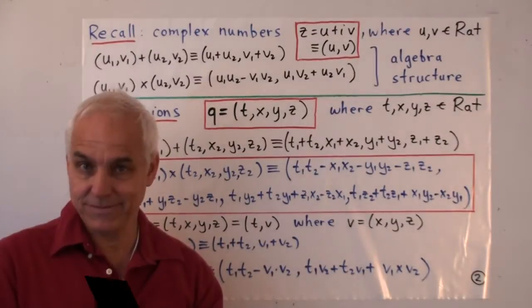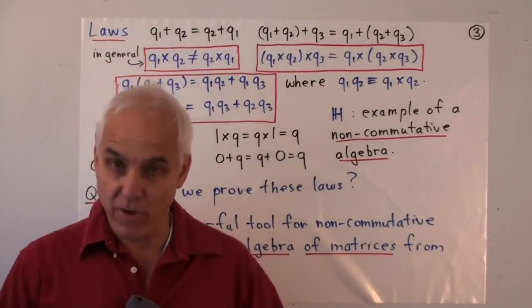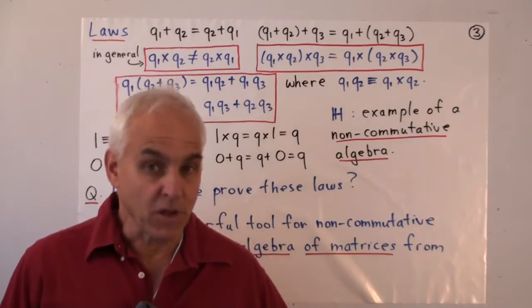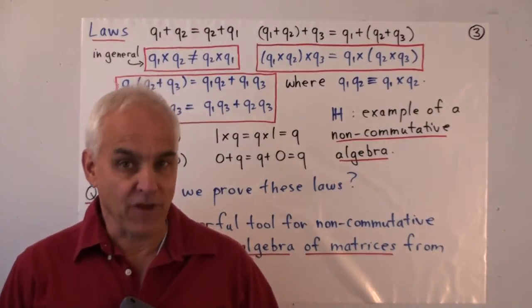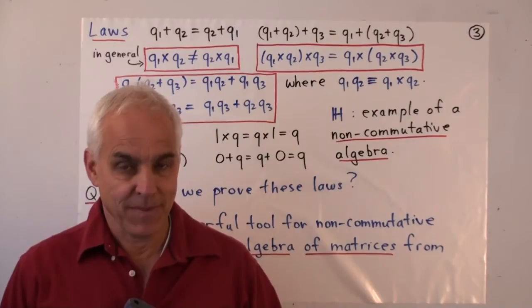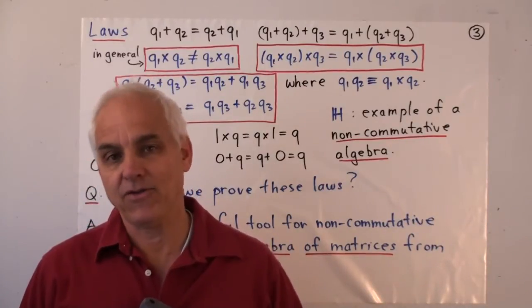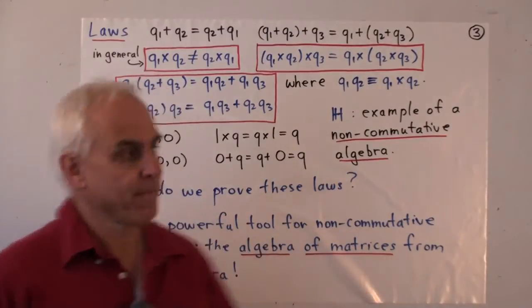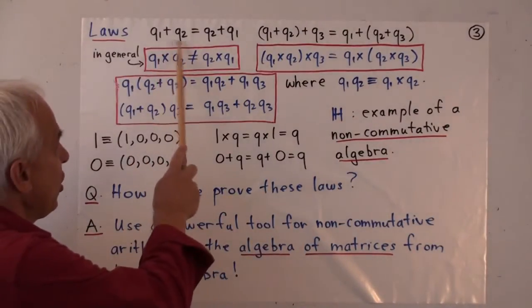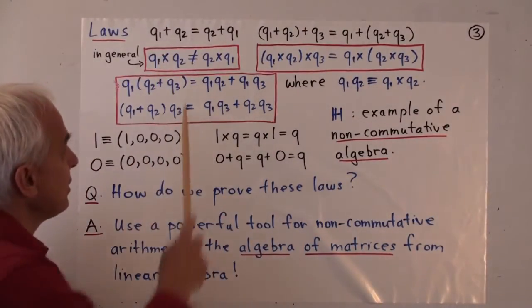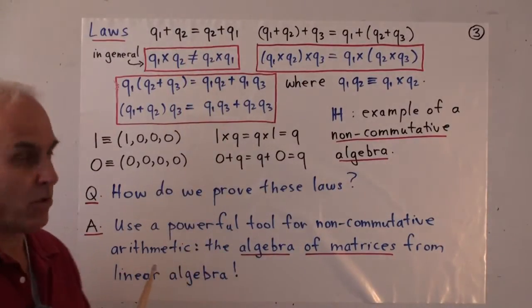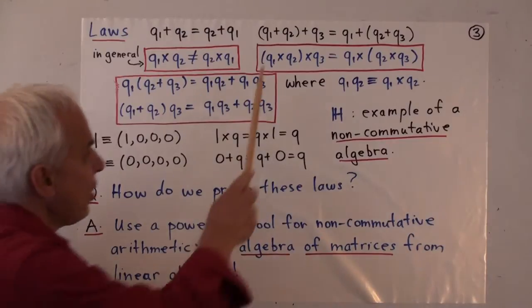Now that we have the operations, the natural question to ask is, what are the laws satisfied by these operations? And they're almost the same as the laws satisfied by the complex numbers. Addition of quaternions is commutative. We can change the order and things don't change. It's also associative.